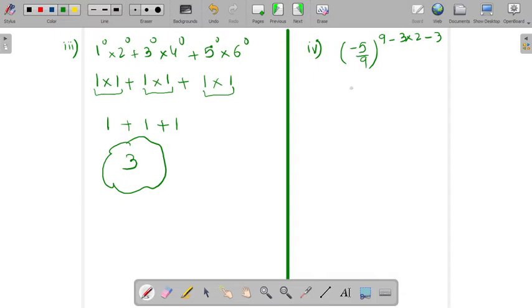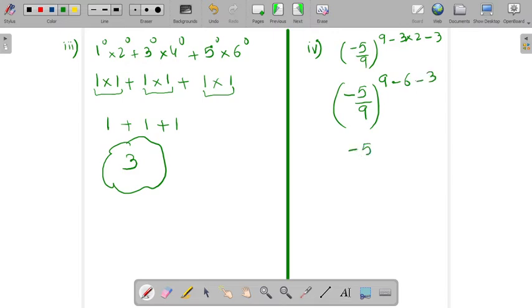In fourth part, again first we will solve the power by using the BODMAS. So which thing we will solve first? Multiplication part we will solve first. So multiplication will be 3 into 2, that is 6, and then minus 3.